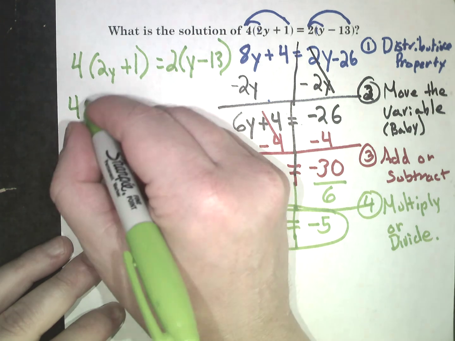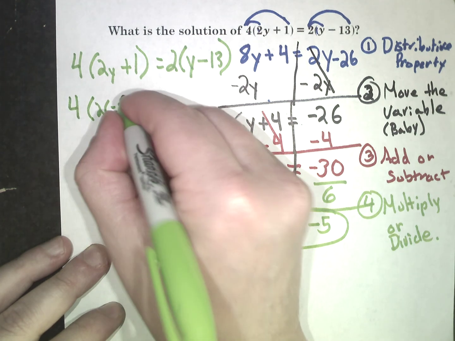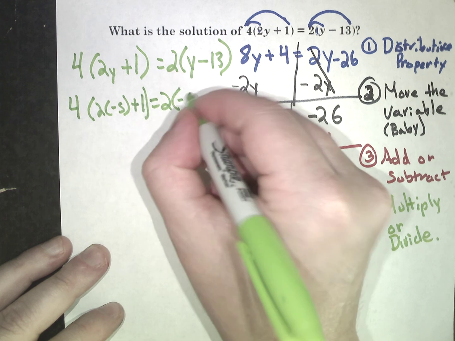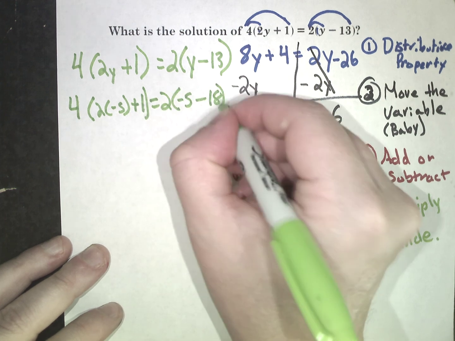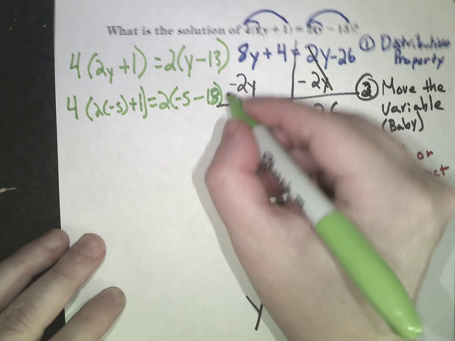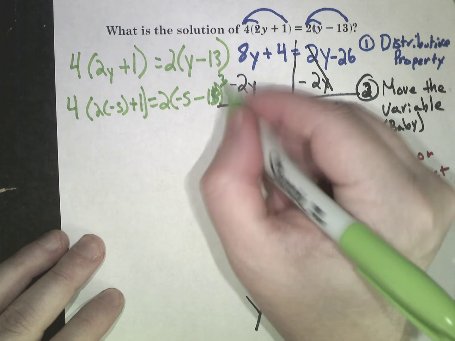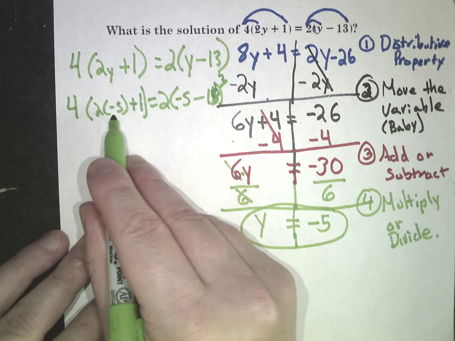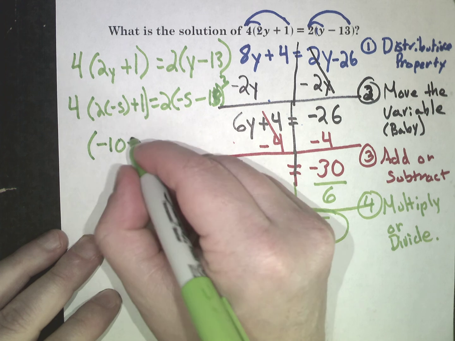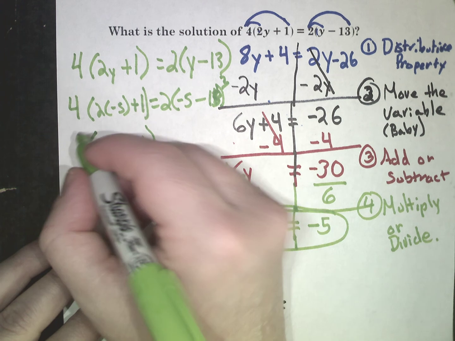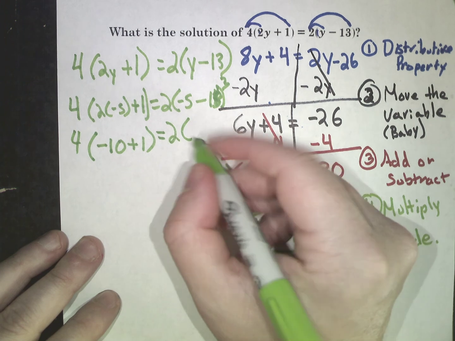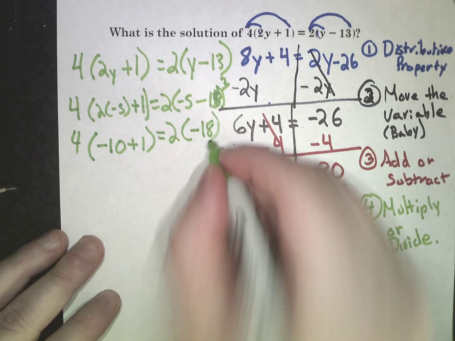So 4 times (2 times negative 5 plus 1) equals 2 times (negative 5 minus 13). Just make sure that's minus 13. So 2 times negative 5 is negative 10 plus 1. Keep the 4 out there. 2 times negative 5 minus 13 is negative 18.